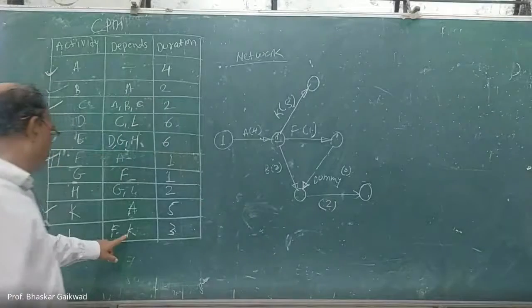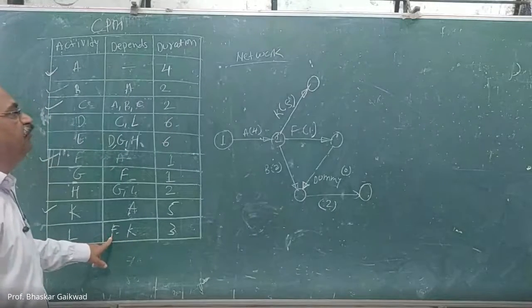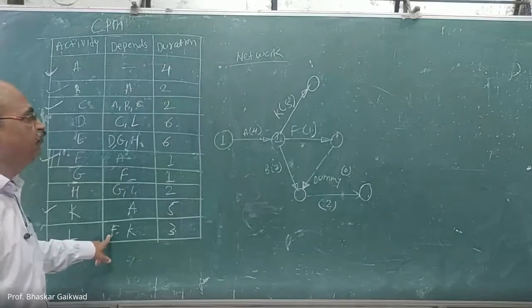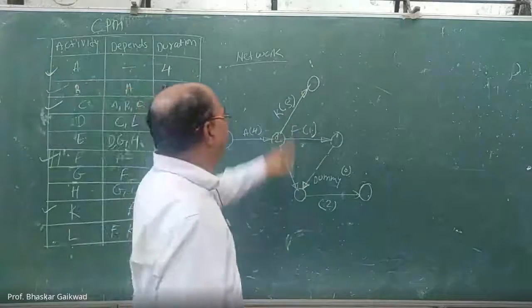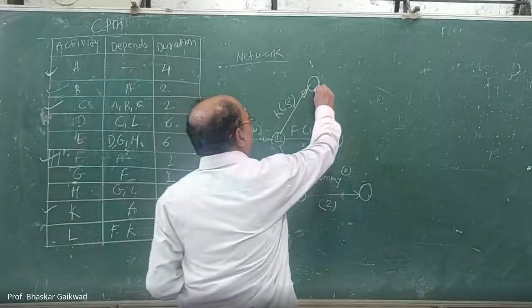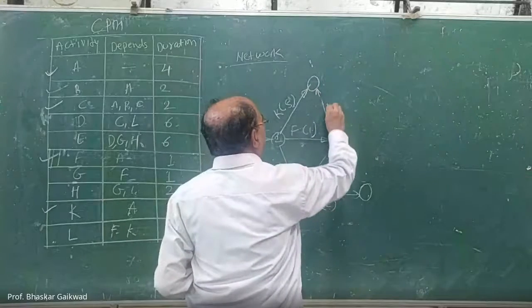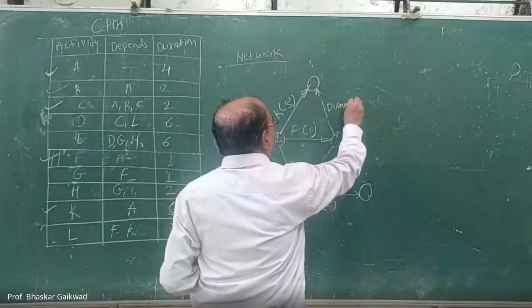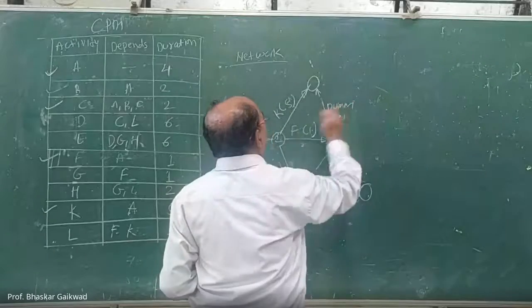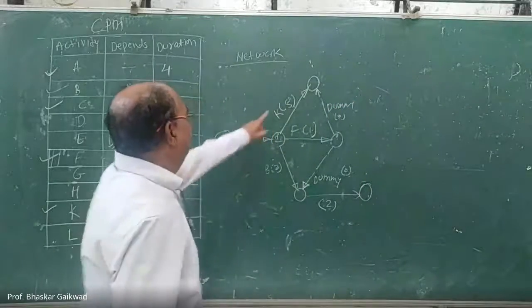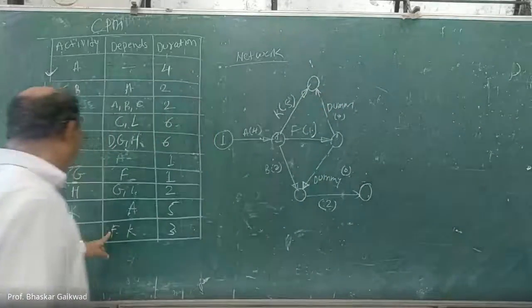Now K and F should be in one place. So here is F, here is the K. If you don't have it here, you can make a dummy activity. So here is the dummy activity, duration is 0. And now K and F are here.